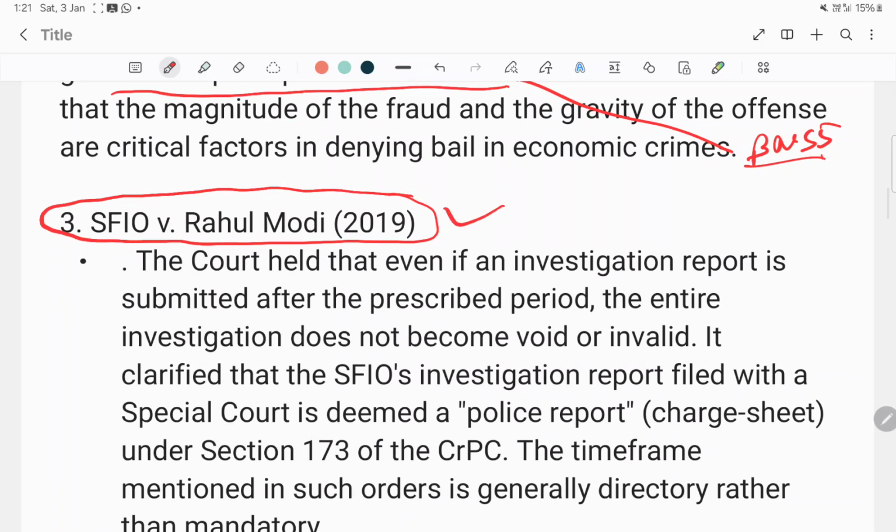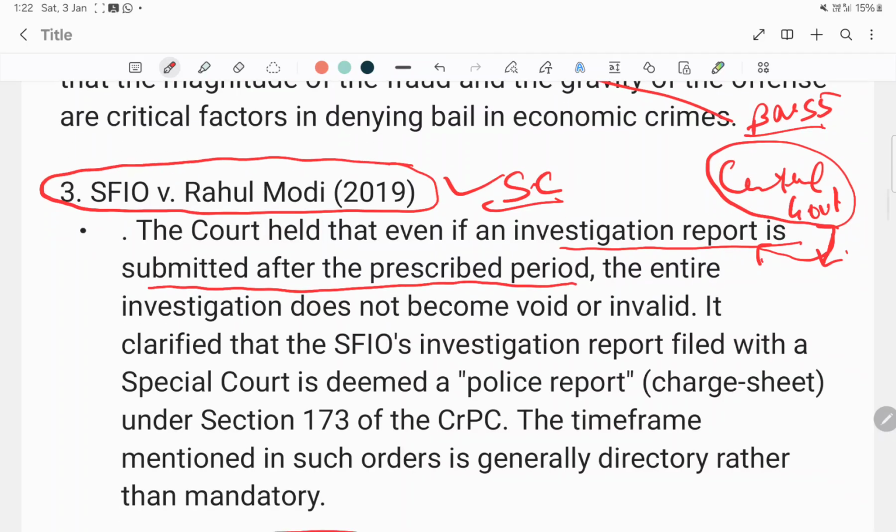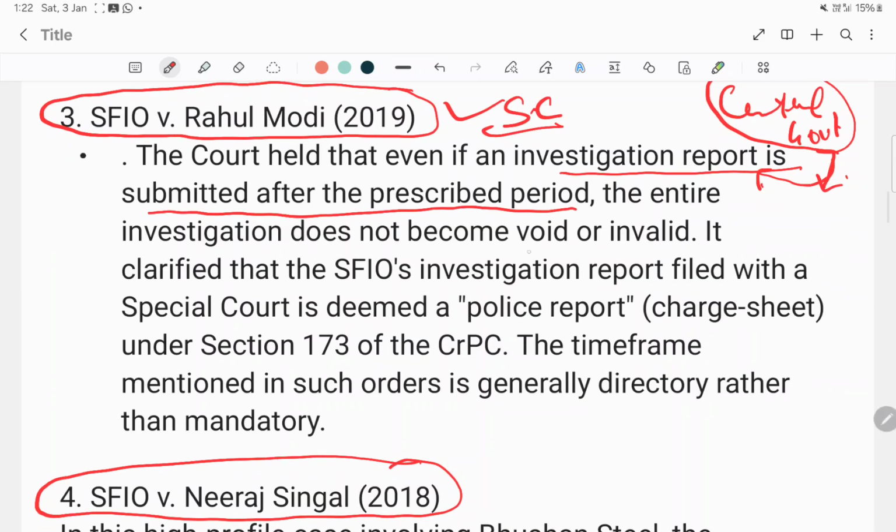Thereafter, SFIO versus Rahul Modi. The Supreme Court held that if the investigation report is submitted after a prescribed period, say the central government asks SFIO to complete the investigation in a time-bound manner and prescribes a time period like 2 months, 3 months, 4 months, but the SFIO could not give a full investigation report within that period, the entire investigation does not become void or invalid even if it is submitted after the prescribed period.